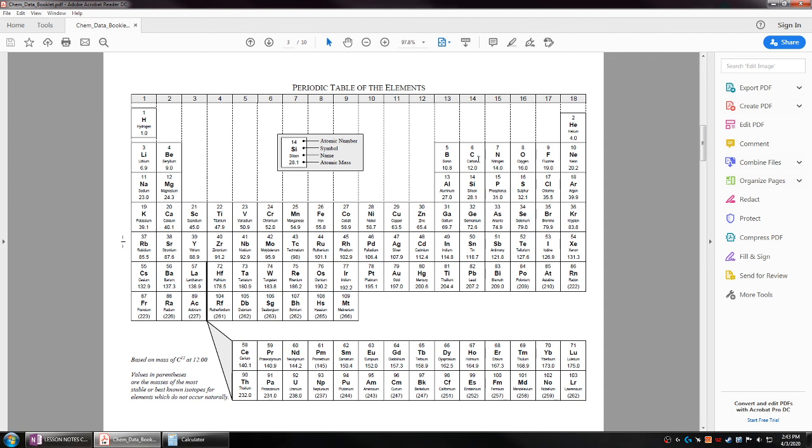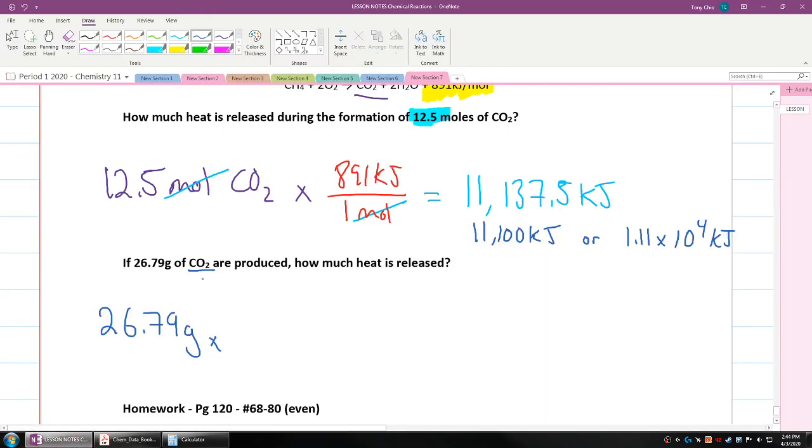For CO2 you have 2 oxygens, so 16 times 2 is 32, plus 12, that is 44.0 grams per mole. So we want to cancel our grams, that means our moles goes on top and our 44.0 grams goes on the bottom, and thus our grams will cancel out.